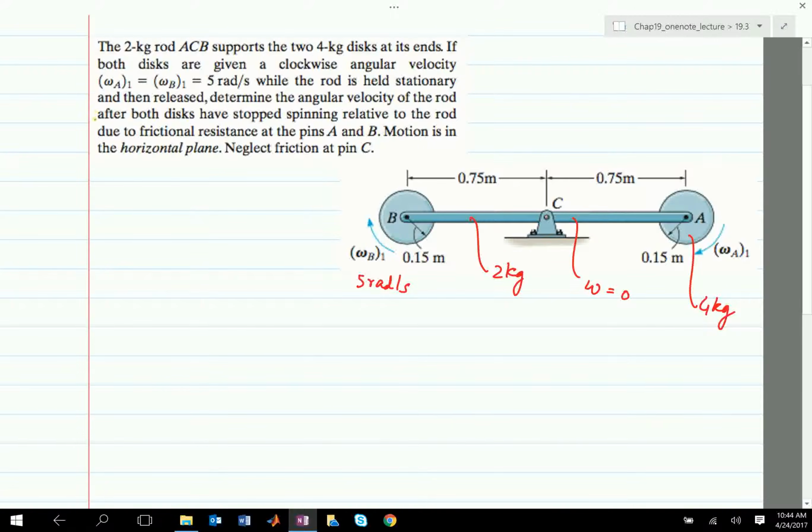Determine the angular velocity of the rod after both discs have stopped spinning relative to the rod, due to frictional resistance at the pin A and B. Okay. Motion is in the horizontal plane. Neglect friction at pin C.